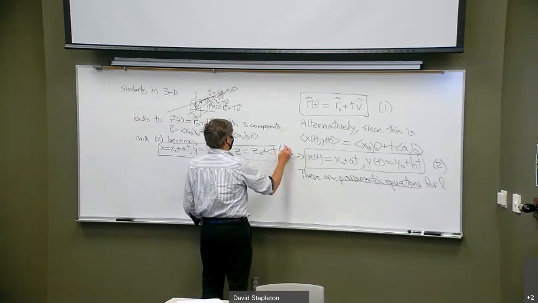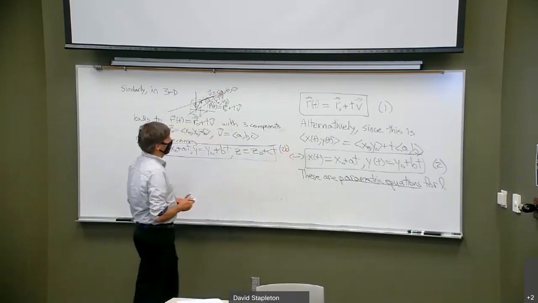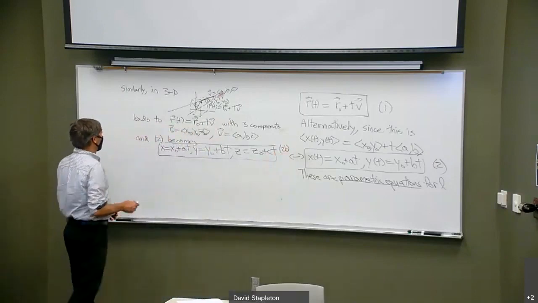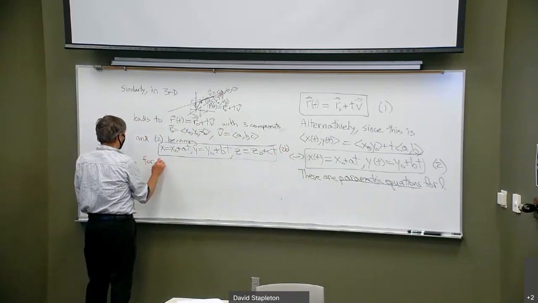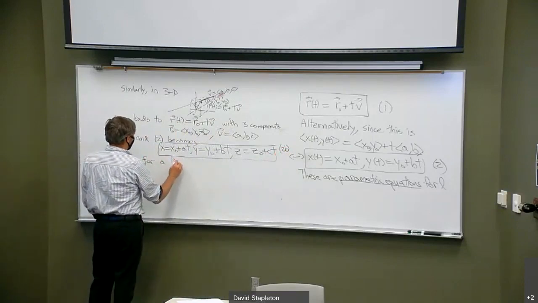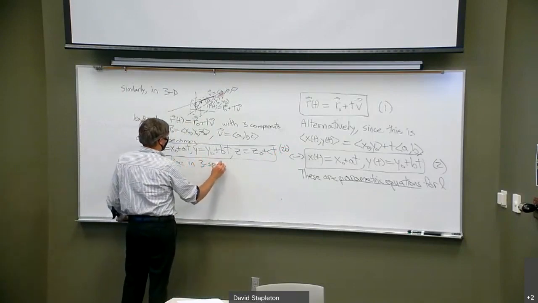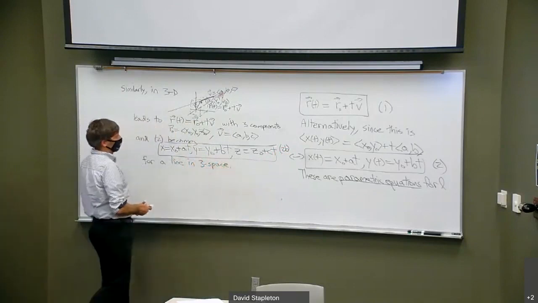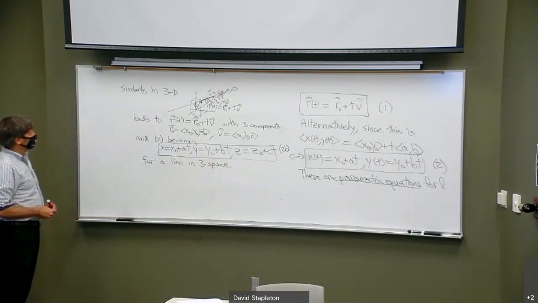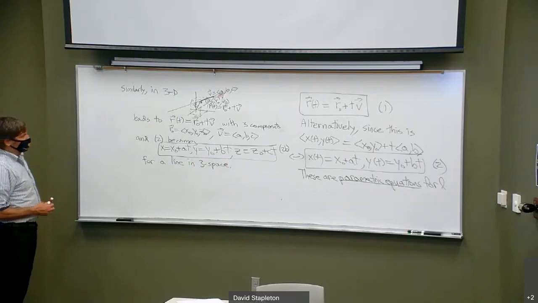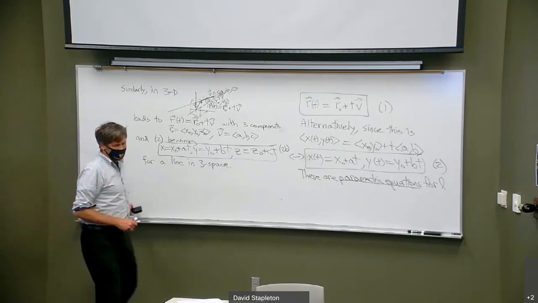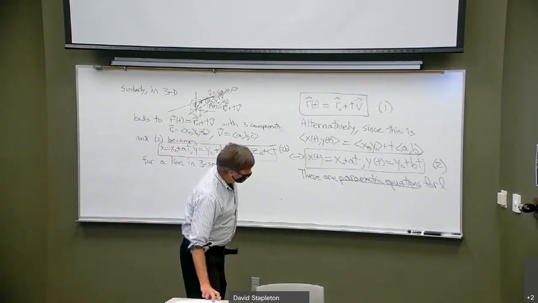This is parametric equations for a line in 3 space. We just need those equations, and now we can do some interesting tricks. The lines are very easy.